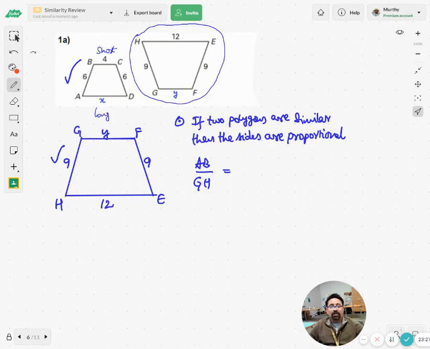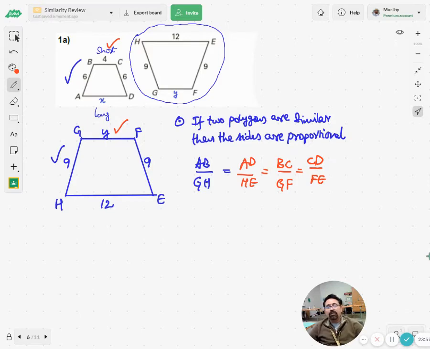So it is AD over HE equals the shortest side, BC, and here GF. And the fourth side is CD, and here FE. So let me take CD and FE.